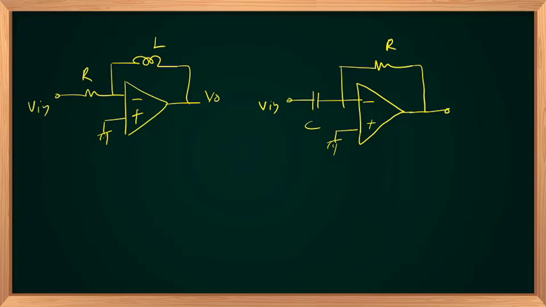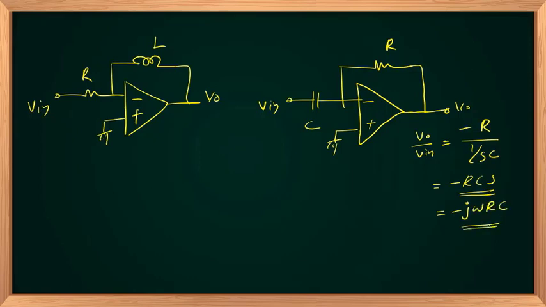So if you are writing the transfer function, V out by V in here will be nothing but negative of R, Z2 is R, divided by Z1 which is 1 over SC. So you will get minus RCS, or minus J omega RC, because S is nothing but J omega.